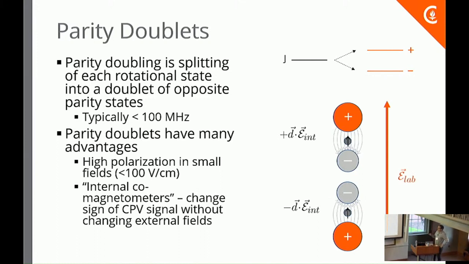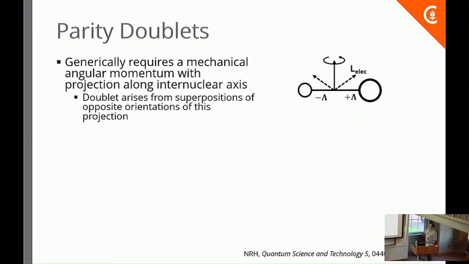You get high polarization in small fields, but you can also do a trick called internal comagnetometers, where you can just flip the molecular dipole by addressing one or other Stark-aligned state with your laser, and that flips your CP violating signal without actually changing any external fields, which is a really big boost for systematic robustness.